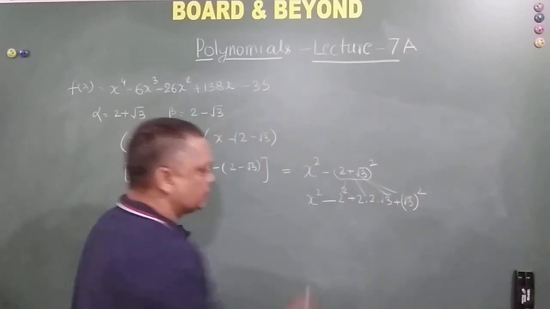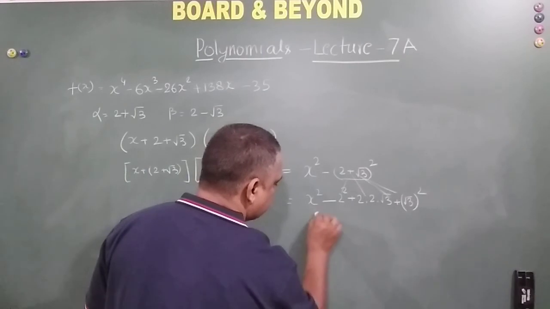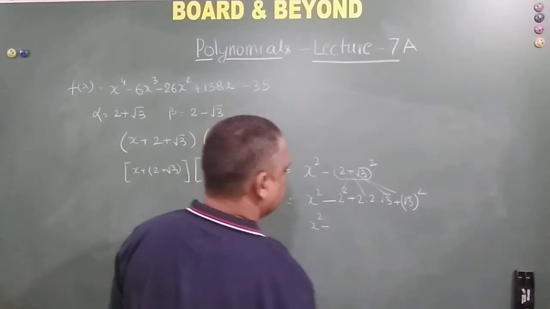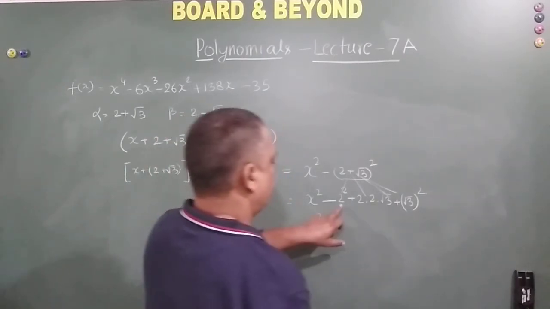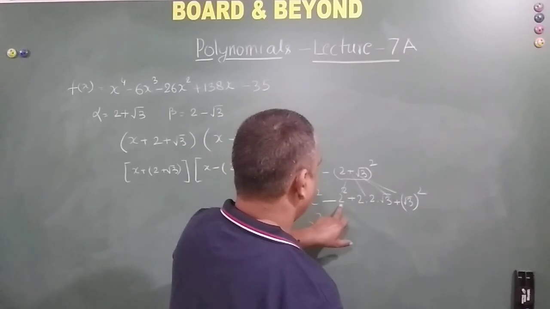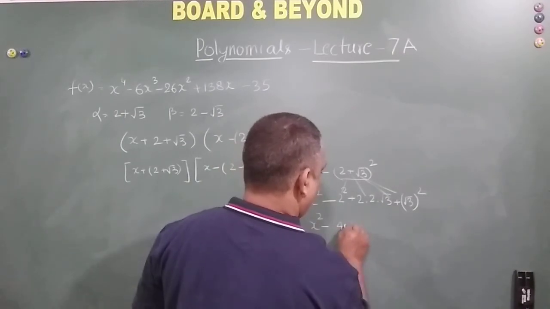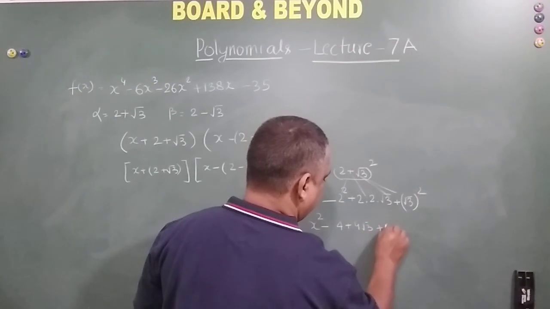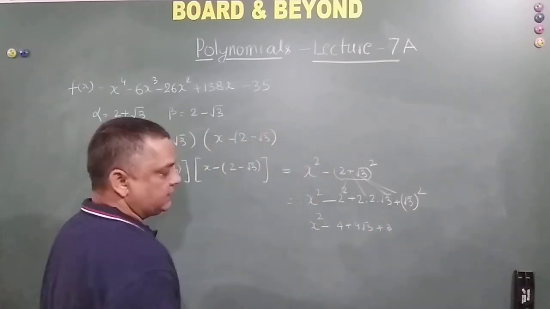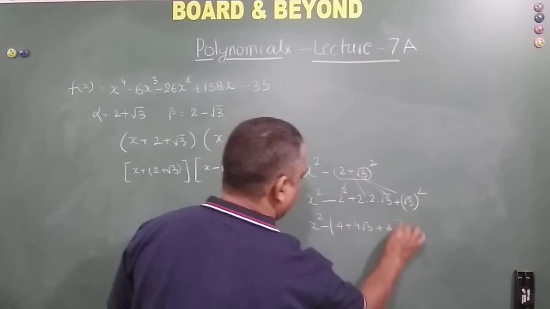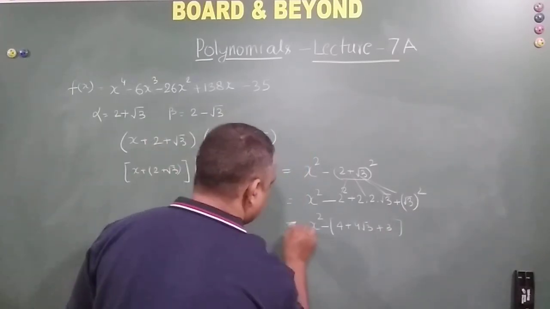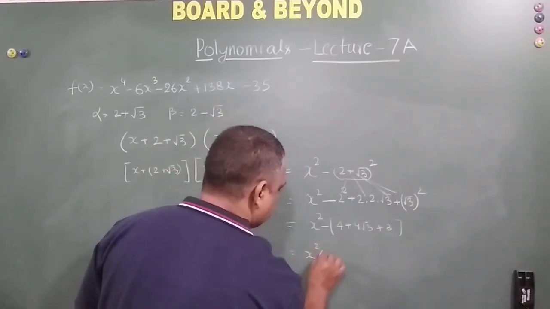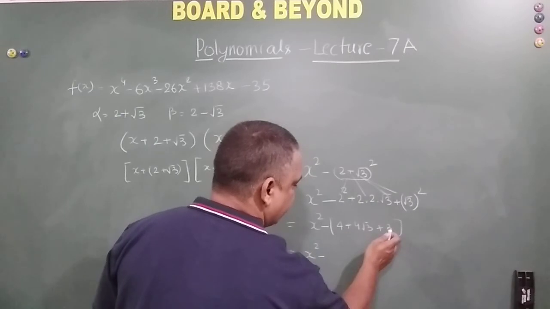Okay. So now this gives me x square minus this is how much? 4 plus 4 root 3 plus 3. Right, friends? Let's keep it in bracket only so that the sign doesn't reverse. So x square minus 4 plus 3, 7.